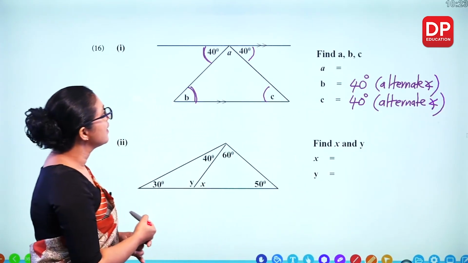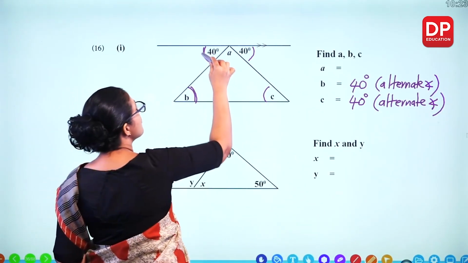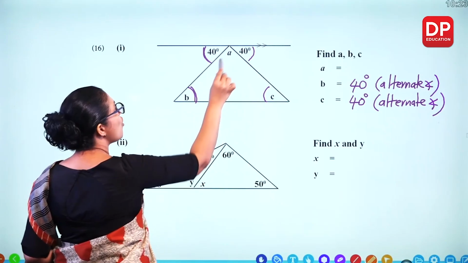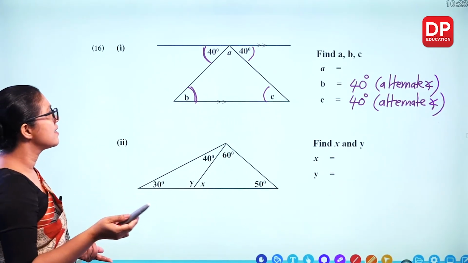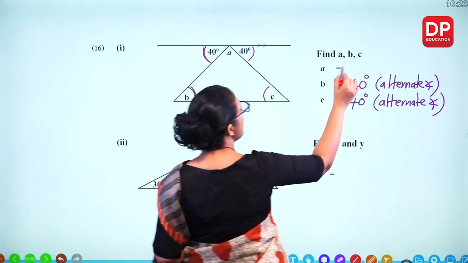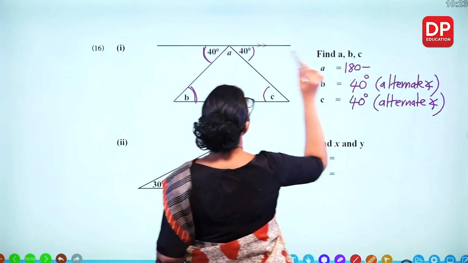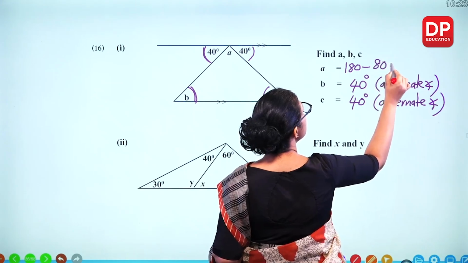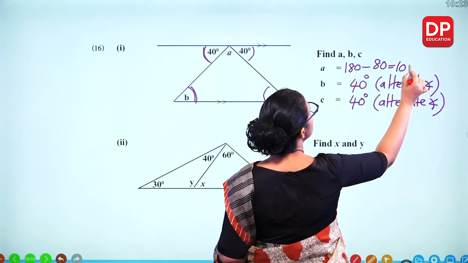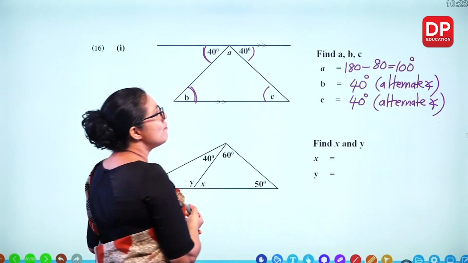A, you can use either straight angle and subtract these two, or the sum of angles in a triangle is 180. So A equals 180 minus these two. 40 and 40 becomes 80. So you get 100 degrees for A.